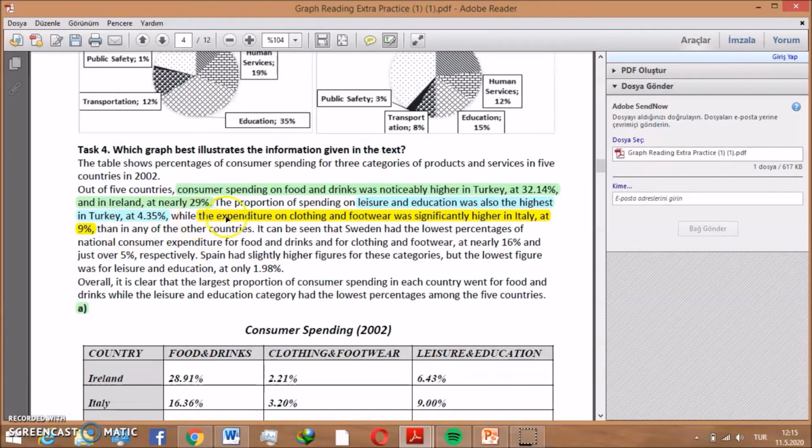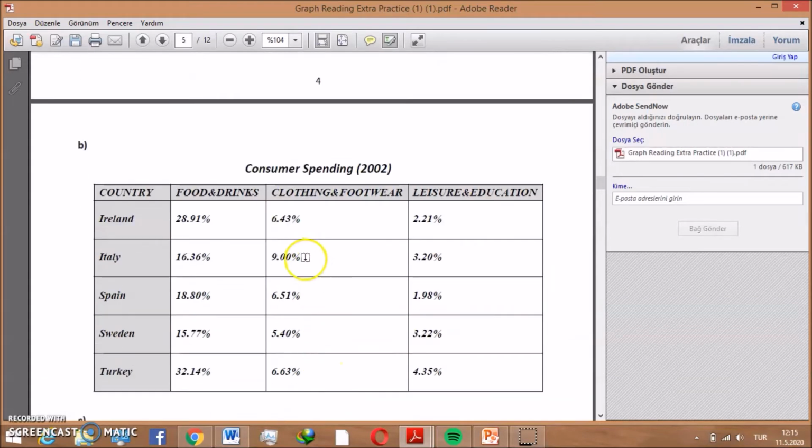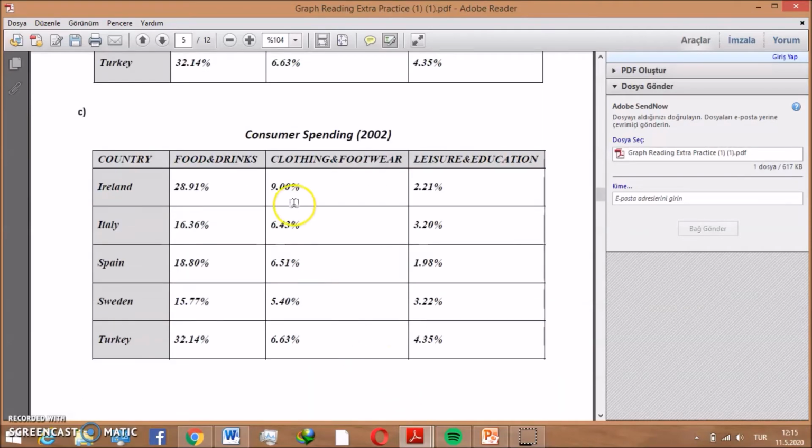Okay, while the expenditure means spending, the money you spend, on clothing and footwear was significantly higher in Italy. It means Italy should have the highest number in this category at 9, let's say 9%. And okay, Italy, we are not looking at A, sorry. 9, this is correct.